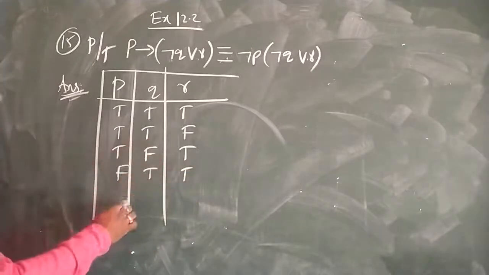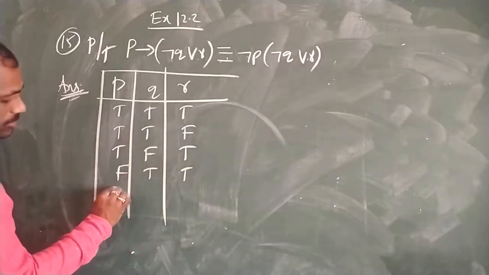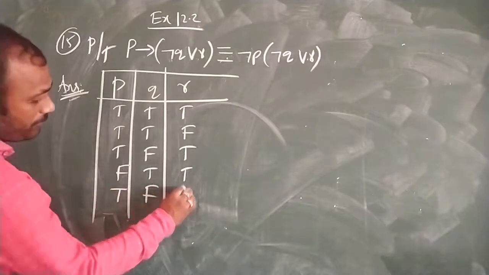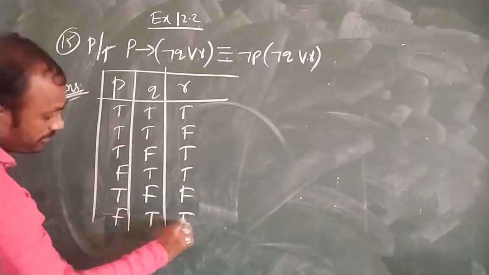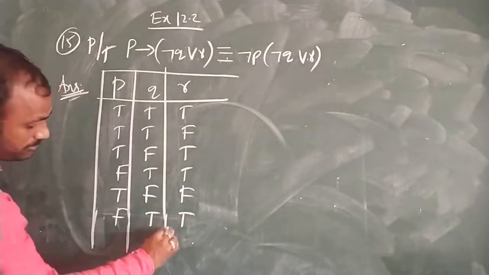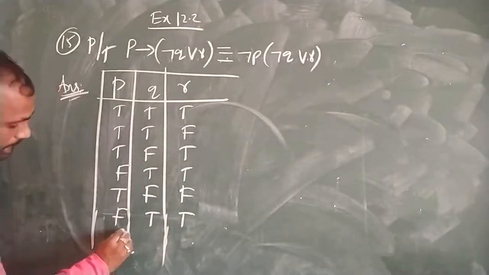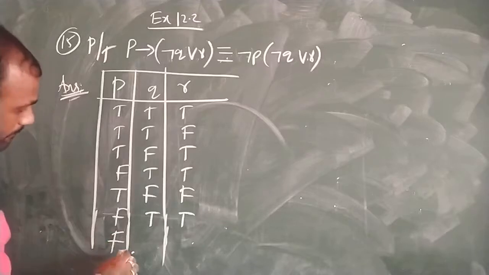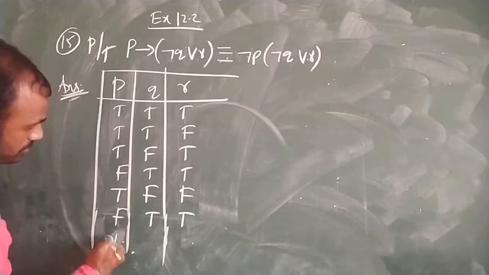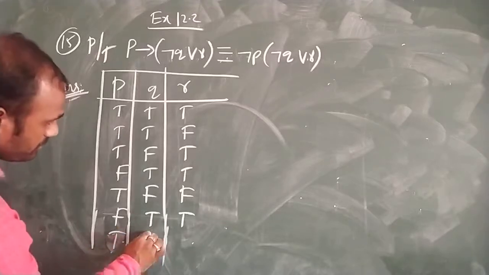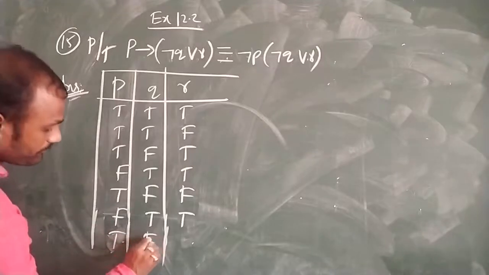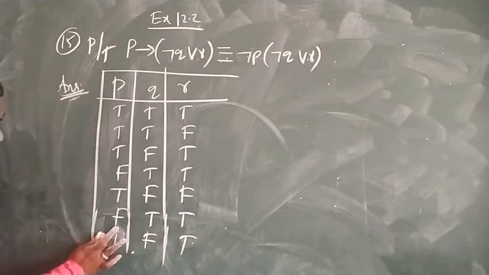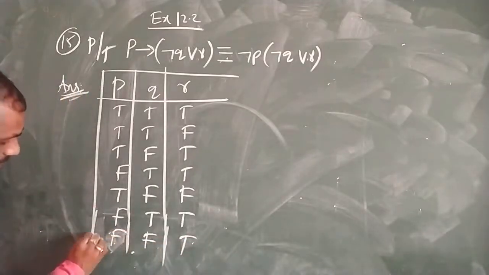So totally 4 completed. Another 4. T, F, F, F, T, F, then TFT, F, F, T, lastly F, F, F.